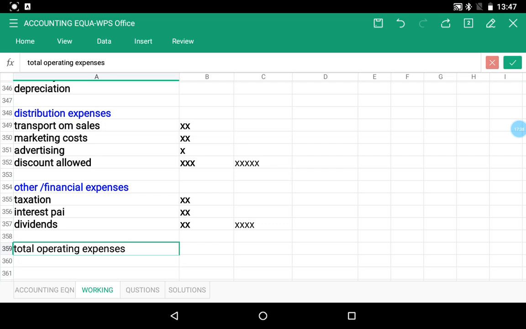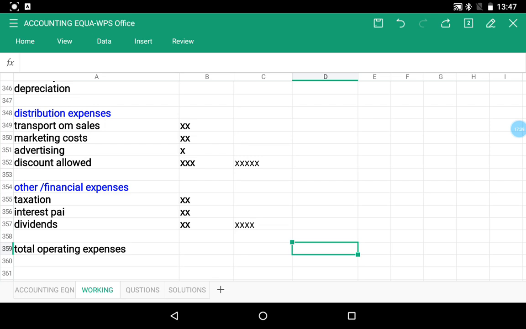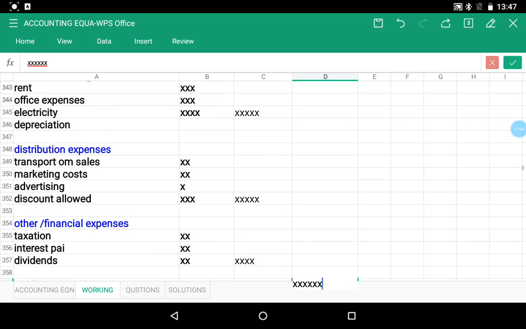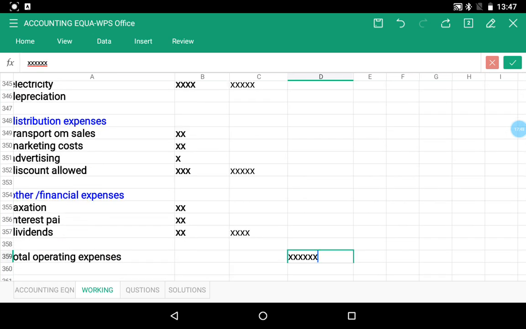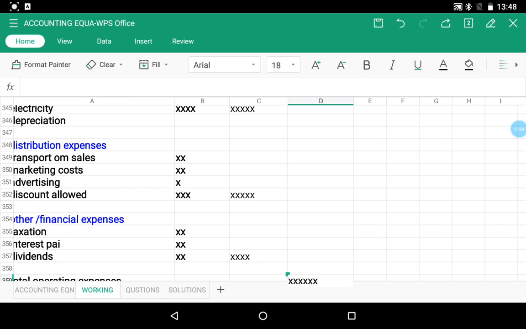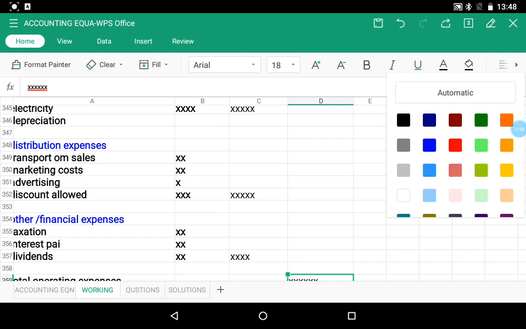So you record them here. We have our total operating expenses after getting administrative expenses plus distribution expenses plus other expenses.